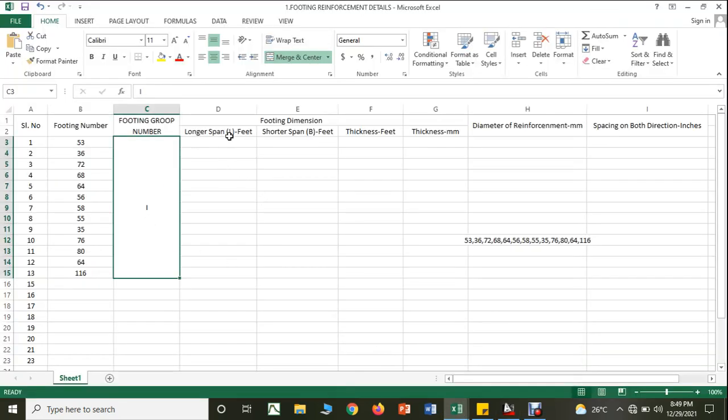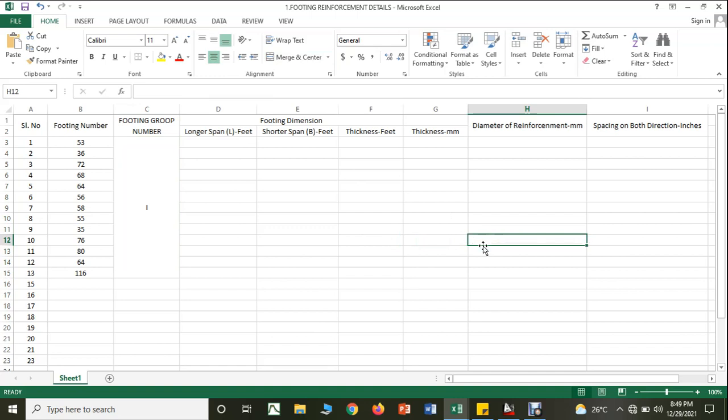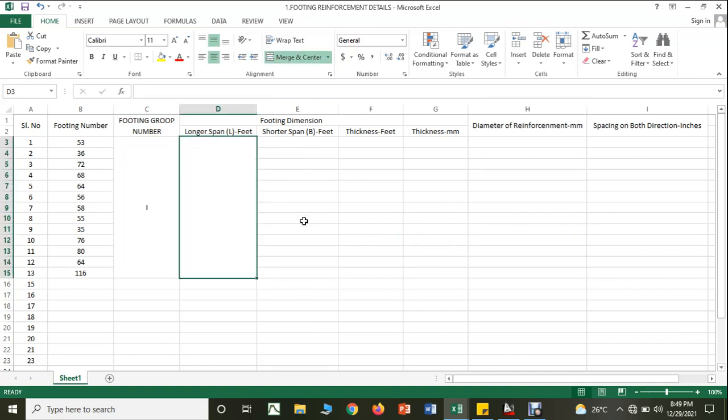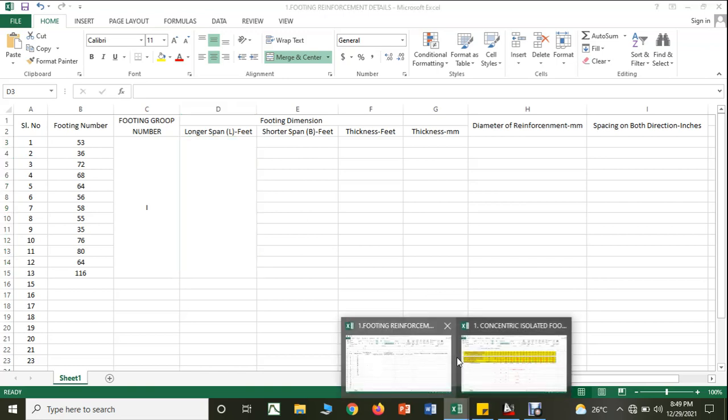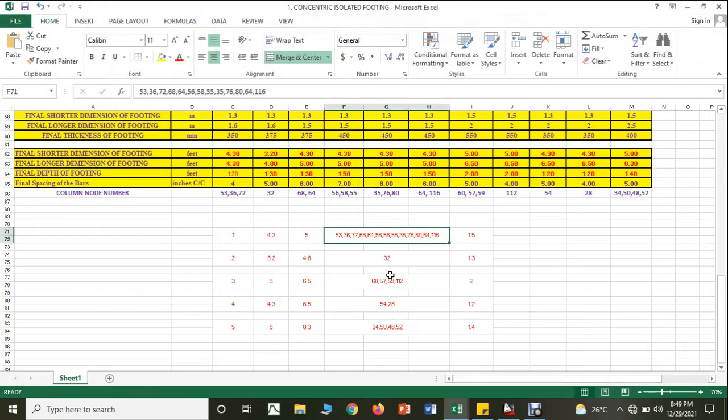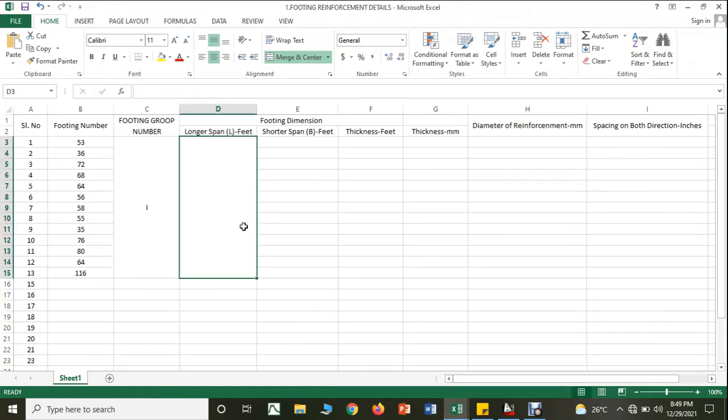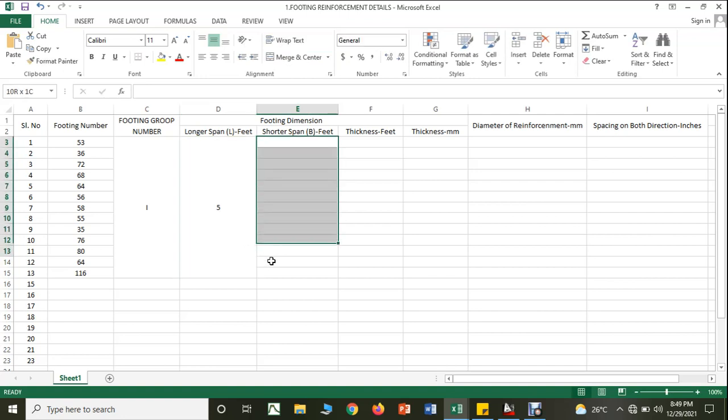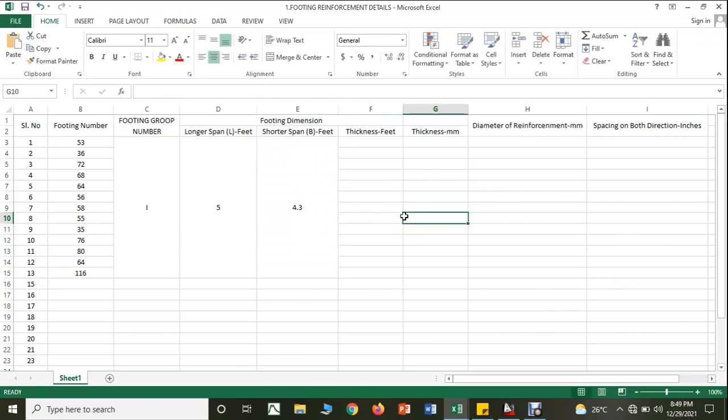Now what is the longer span I have given for that? In feet. I can merge this. So my entire longer span is 5 feet, and the shorter span is 4.3 feet.